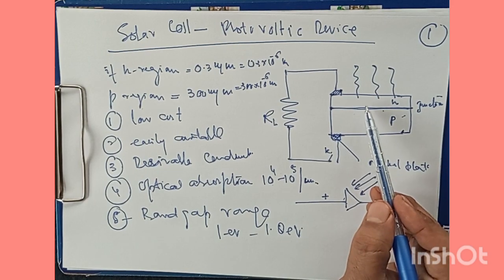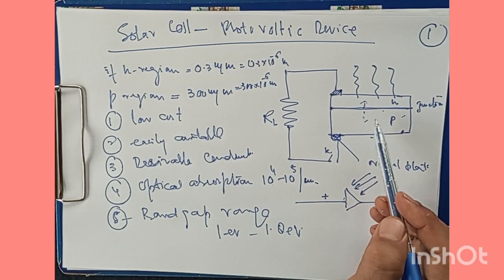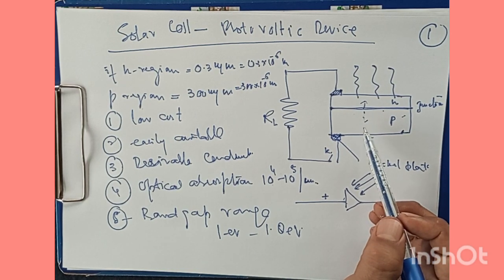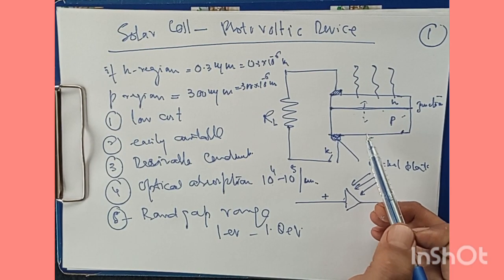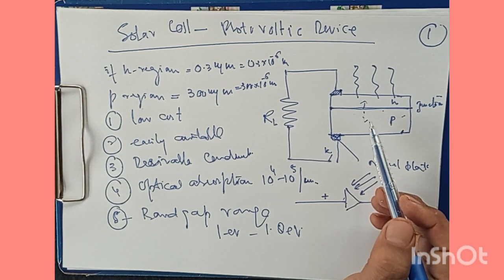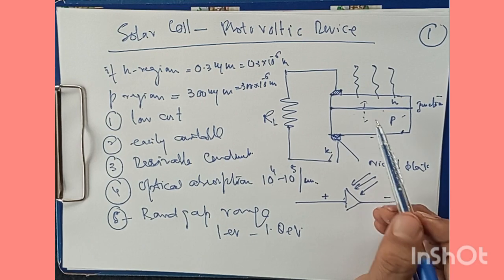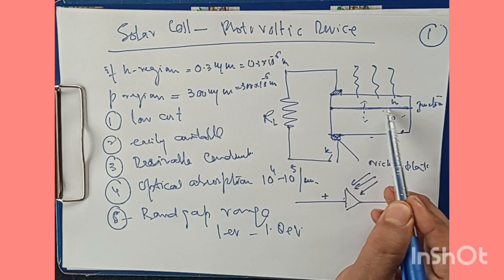Now, for better separation of electrons and holes under the effect of junction field, it is required to have photoemission. So what's happening here is that the photoemission takes place in the junction area only, right? So this thing happens here.